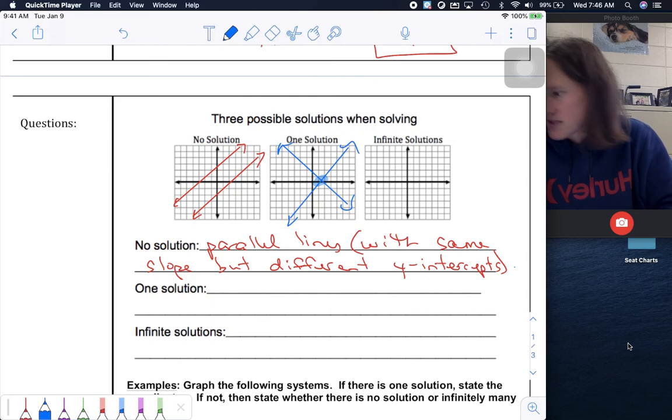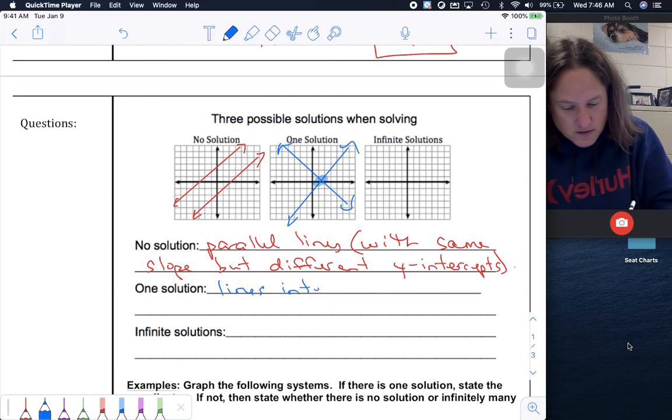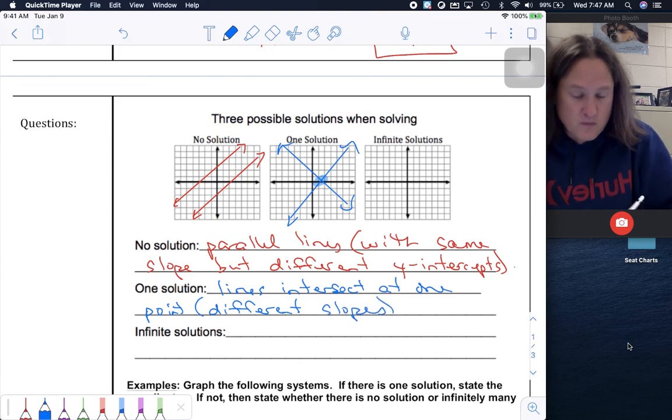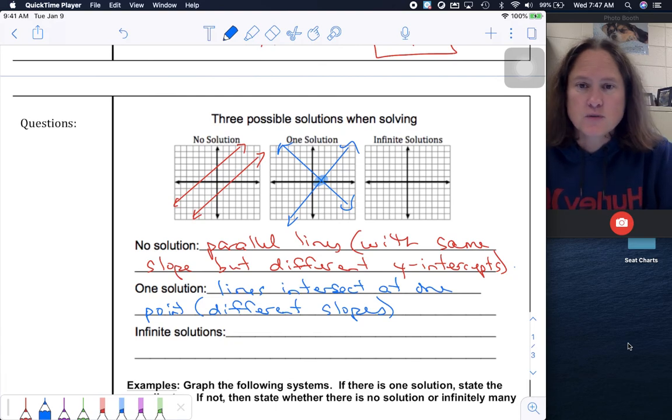So we're going to say that those lines intersect at one point, so they have to have different slopes.